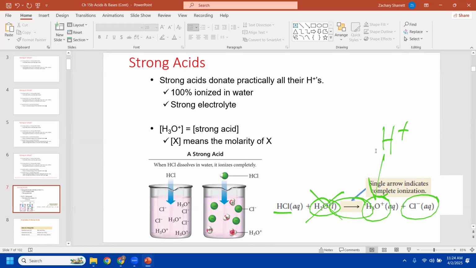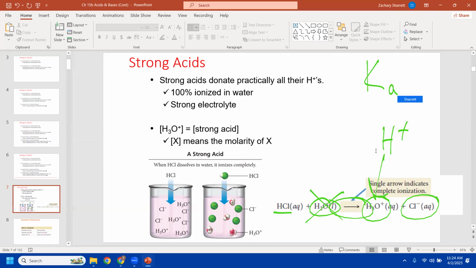So what was the equilibrium letter? Donovan, what letter represents the equilibrium constant? Nope. It was a single letter, K. K was in both chapters, right? There was the rate constant, little k. There was the equilibrium constant, capital K. So when we're looking at acids, we're going to look at the equilibrium constant of an acid.